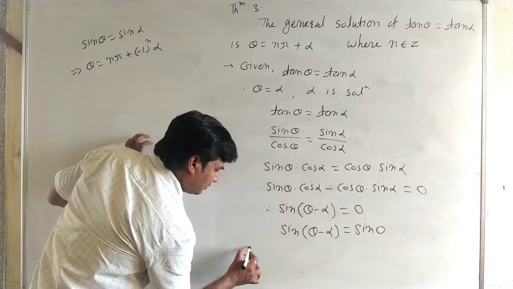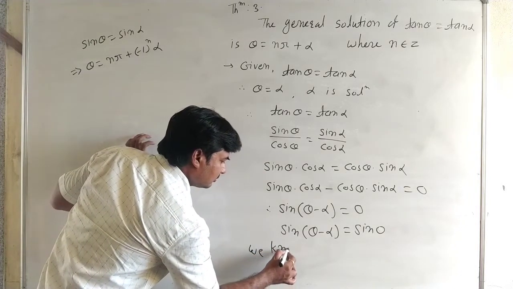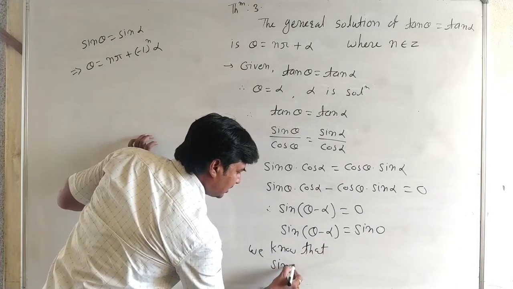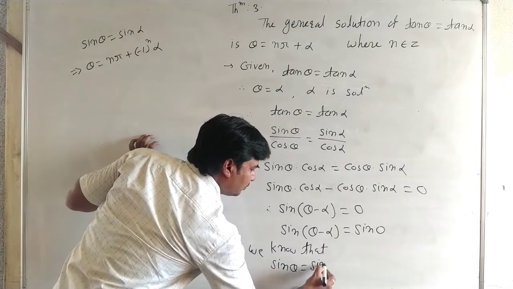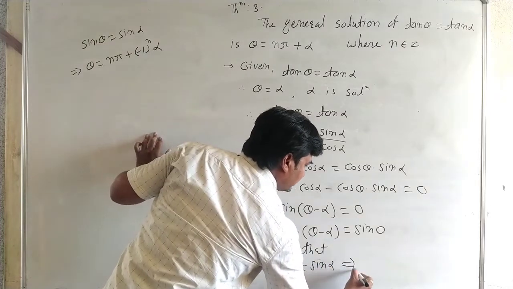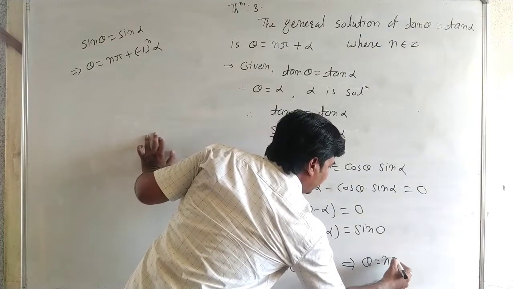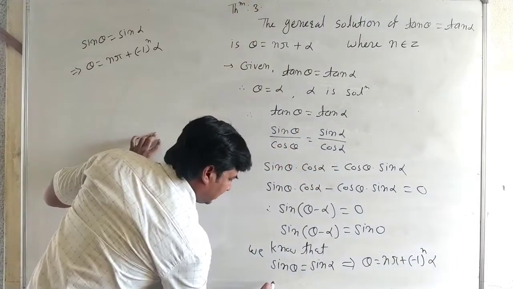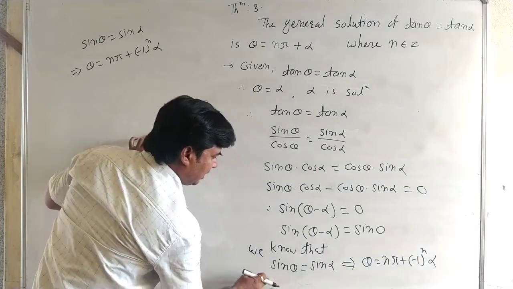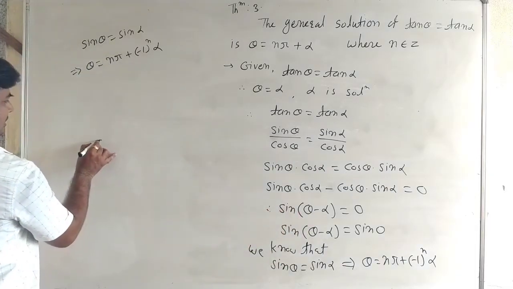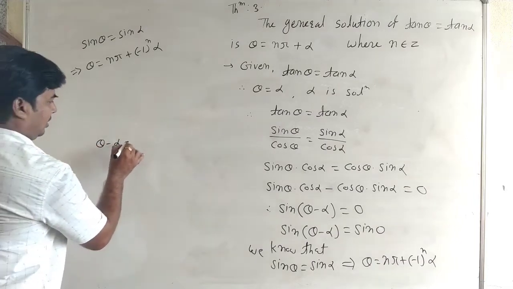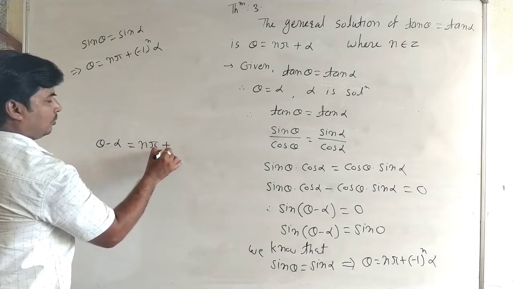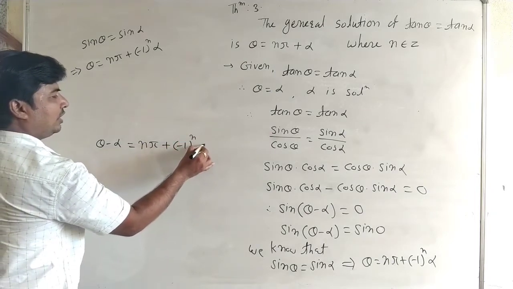Then we know that the general solution of sin theta is equal to sin alpha gives theta is equal to n pi plus minus 1 to the power n into alpha, and therefore here we can write theta minus alpha is equal to n pi plus minus 1 to the power n into 0.